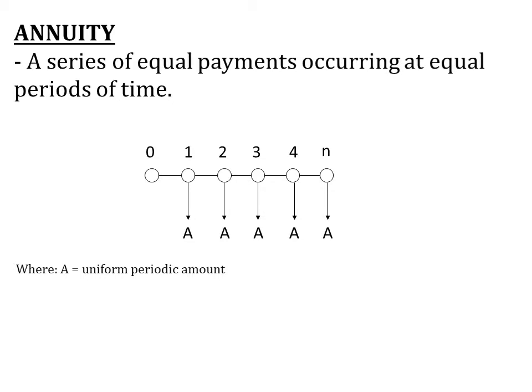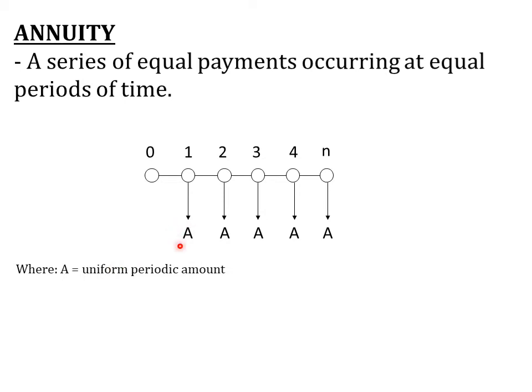Now, what is annuity? Annuity is a series of equal payments occurring at equal periods of time. With respect to the cash flow diagram, at the start, then after the first year, you have A, where A is the uniform periodic amount.